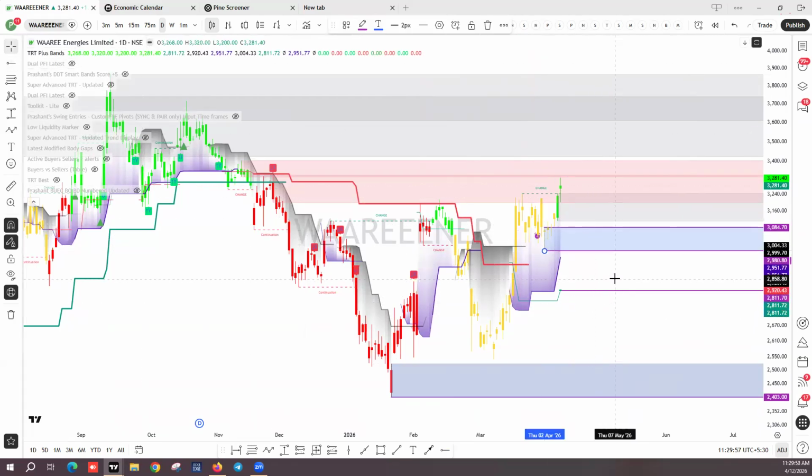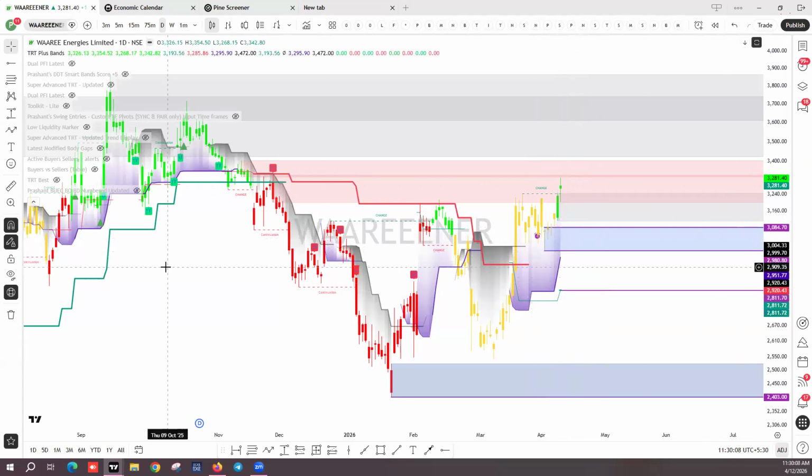What I will prefer is, if a daily candle close happens below this, that means the momentum is changing and the trend is changing. I will just exit. I will wait for a new uptrend to start. I will buy at this stop. I will keep my stop loss on a closing basis below this. If the stop is hit, I will wait for a new opportunity.